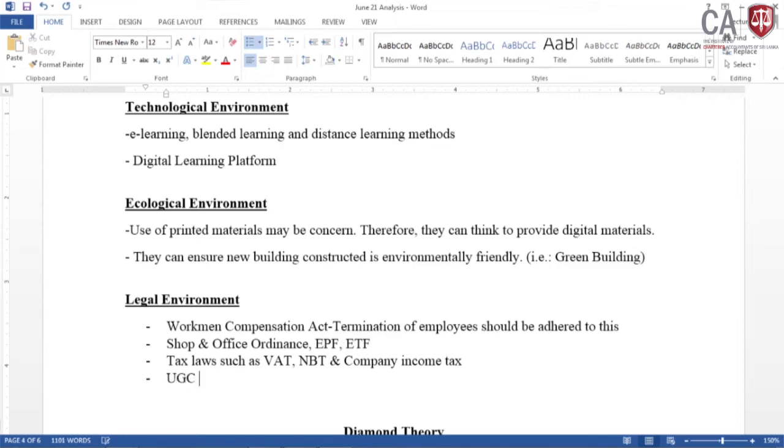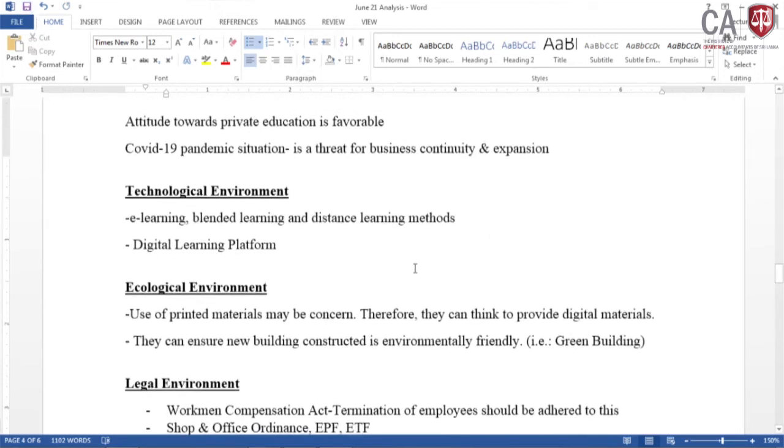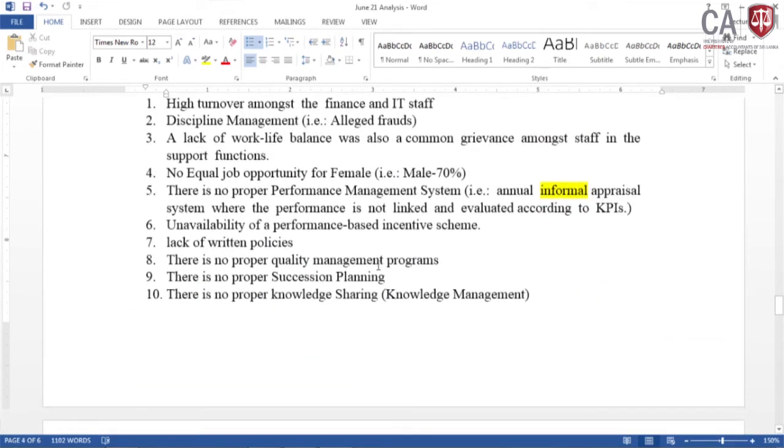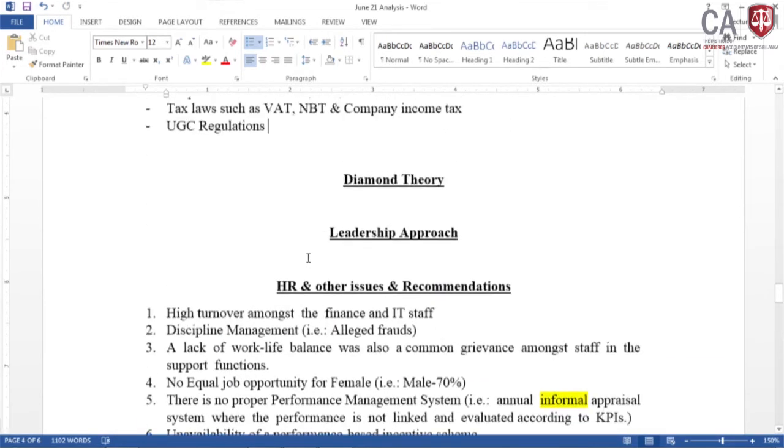UGC regulations will be applied to them.